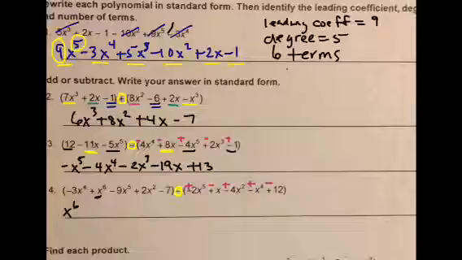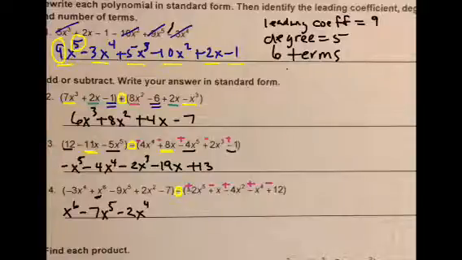Then I look at the 5th power. So I'm just going down 1 degree at a time. So -9x to the 5th plus 2x to the 5th gives you -7x to the 5th. And then 4th powers, I have -3x to the 4th and +x to the 4th, because I'm looking at the pink sign over here, so that's going to give me -2x to the 4th.